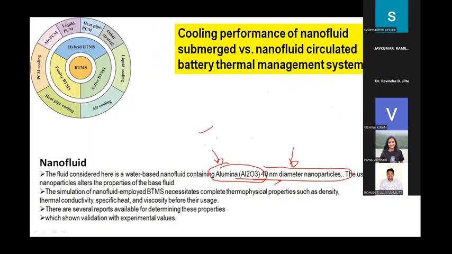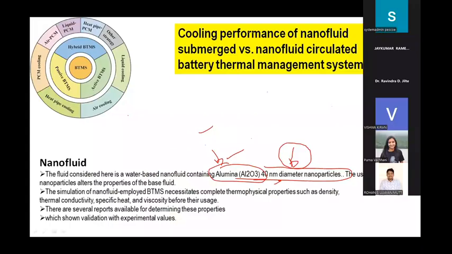For example, you first want to understand the compatibility of the alumina or other nanoparticles. You want to go through the literature findings from other researchers to find the best nanoparticles that give improved results, because nanoparticles and nanofluids can also prove detrimental.